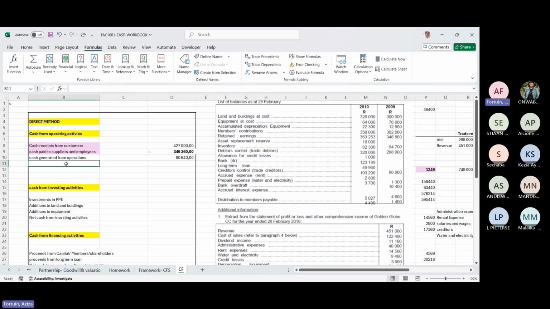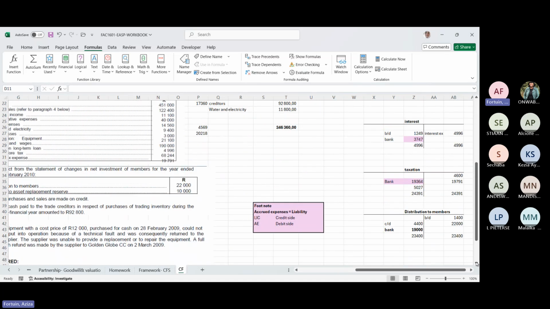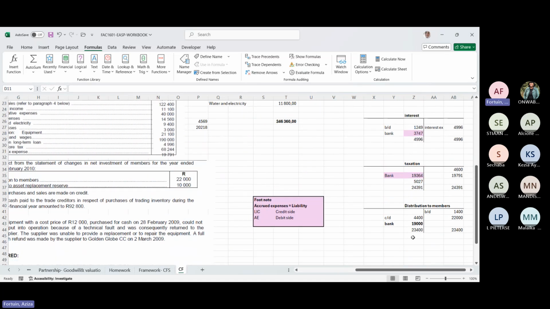Right? Dividends received was? Sorry, miss. What did you get for distributions to members? What was the final answer? 19,000? Was it 19,000 or something? 19,000, yeah.